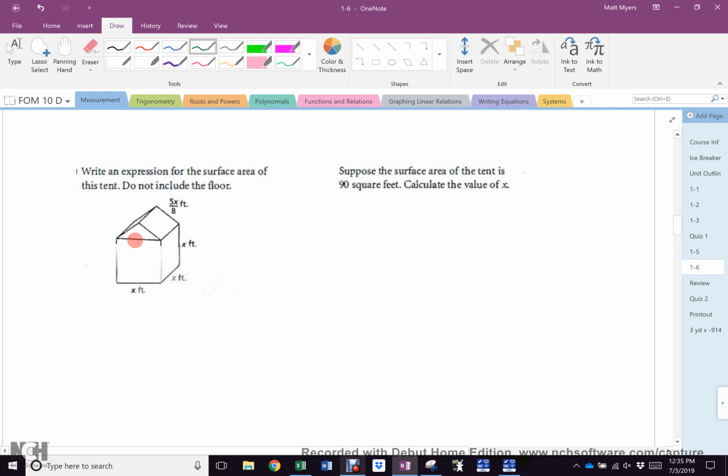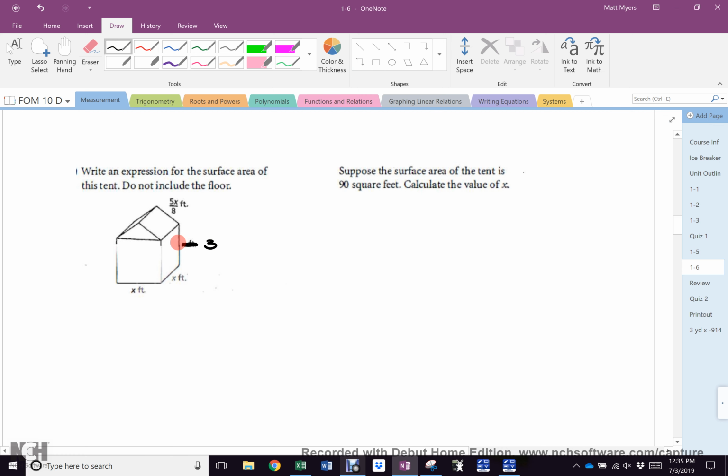Let's talk about this tent, but let's change this to let's just make this 8x. No, that's barfy. Screw it. Let's do this.